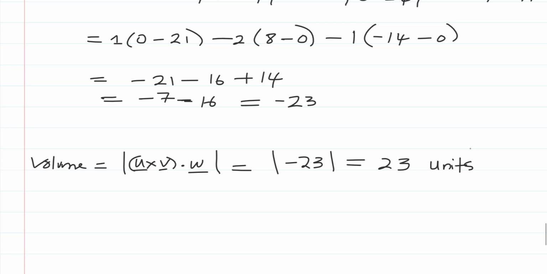We don't have units, so we just say units cubed. So this is how we go about employing the triple product, and this is how we get the volume of any box given the triple product.